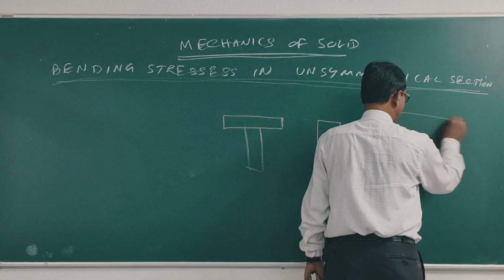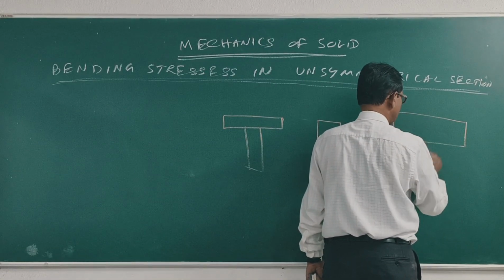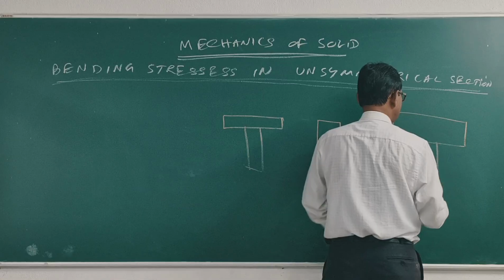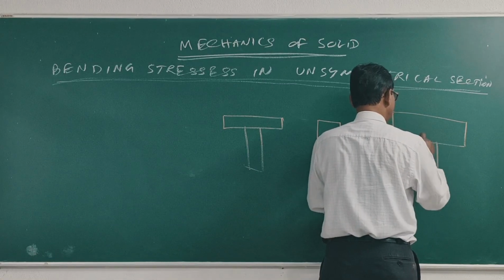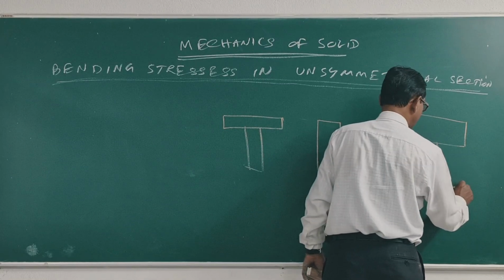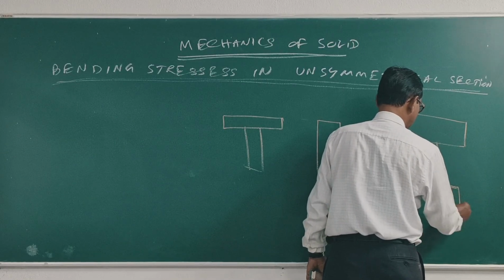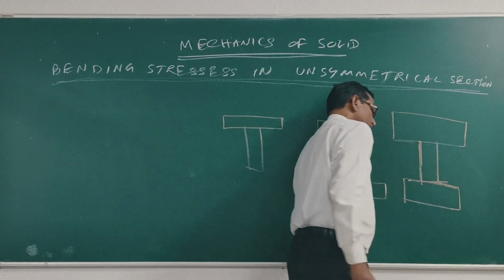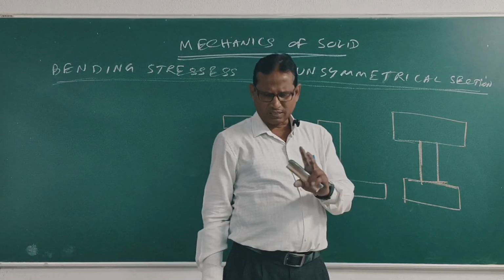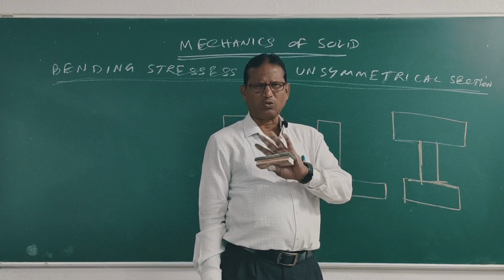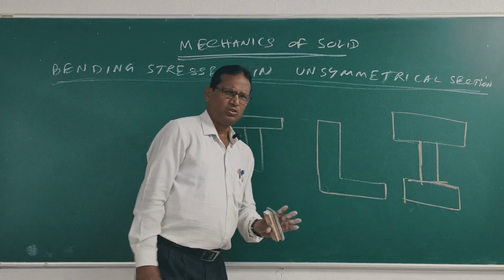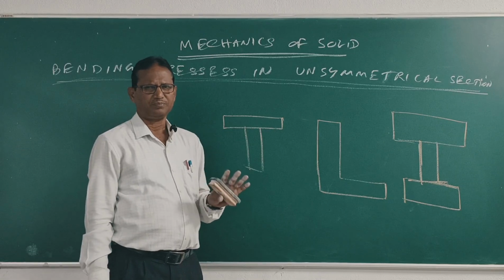This is an I section. Clear? In these cases, y is not equal to d by 2. First, we will find out y bar or yc.